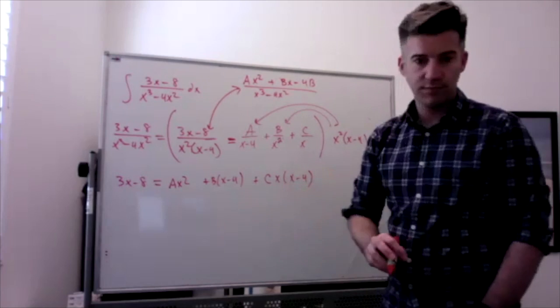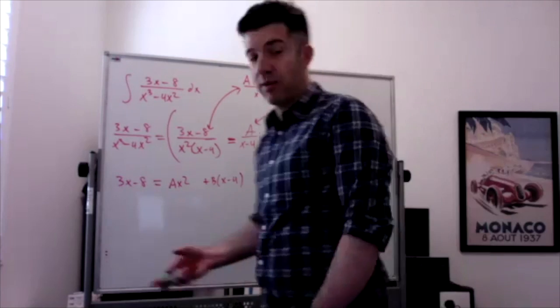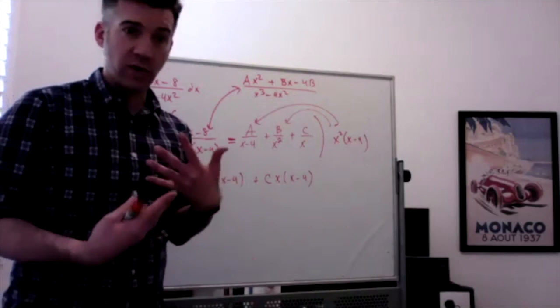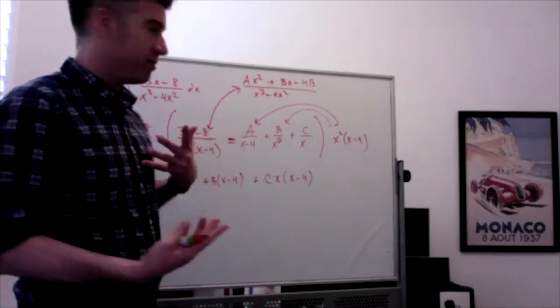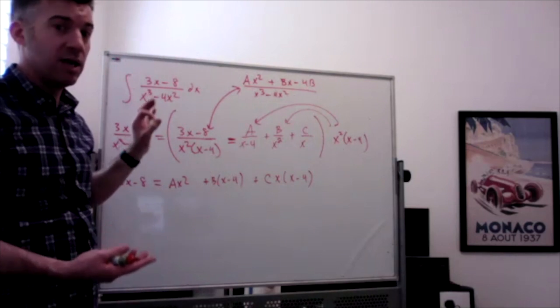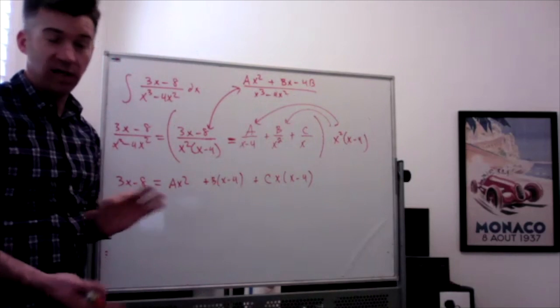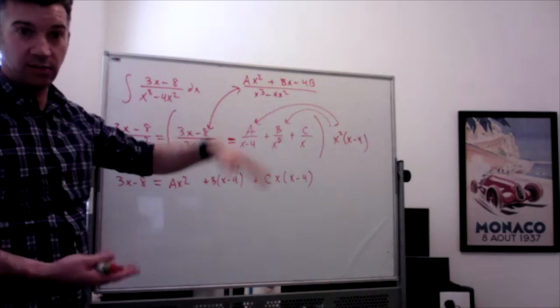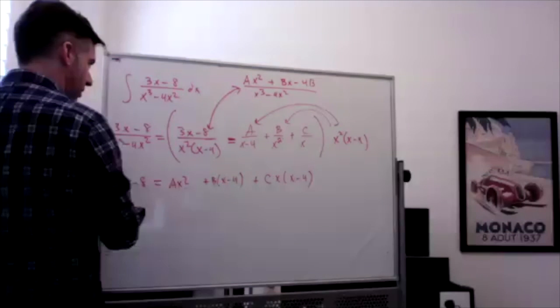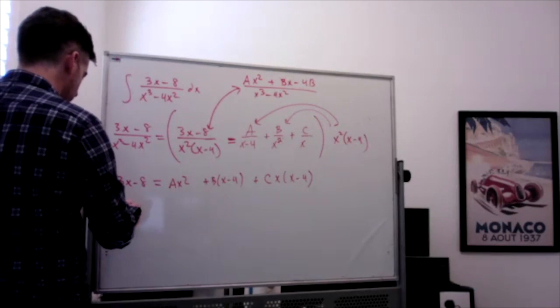All right. So now we're going to pick convenient values. The problem here, and this is always true when you have a repeated linear factor, meaning something like x squared or x minus 4 cubed or whatever, is you're going to run out of convenient values before you find all your a, b, c's. That's all right. So let's pick the convenient value x equal to 0.